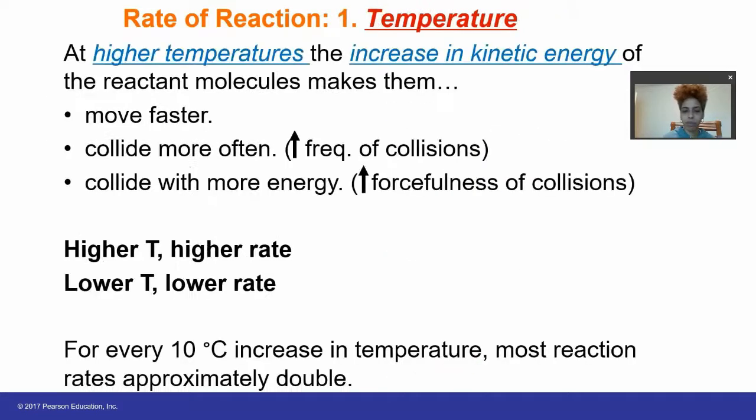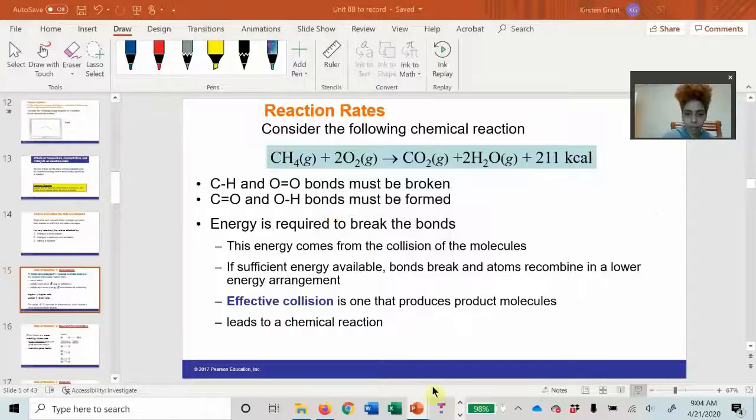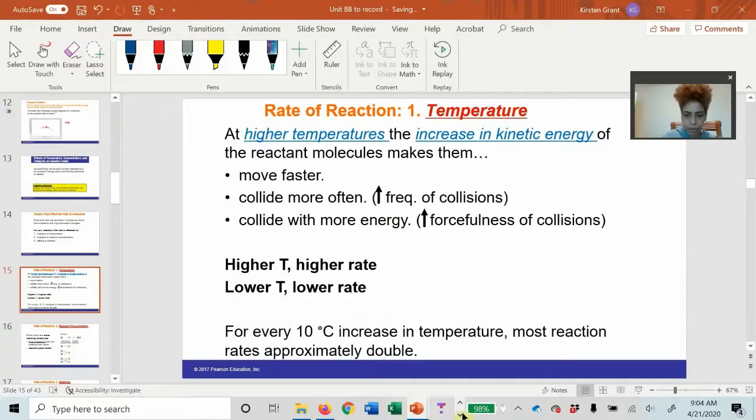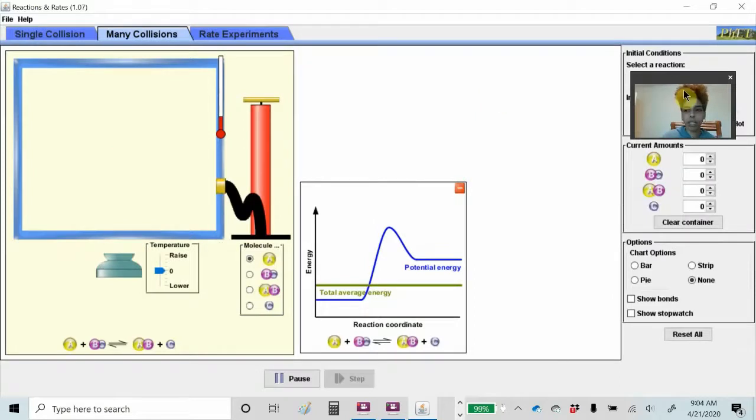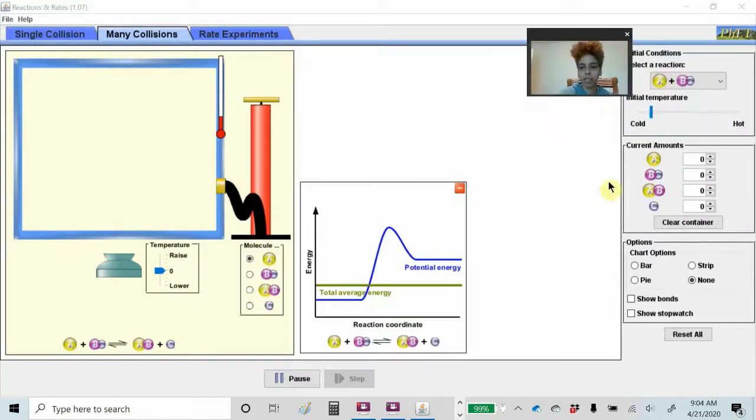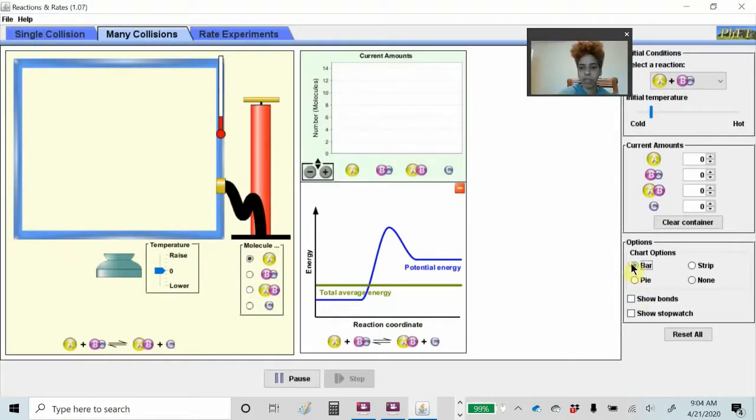So let's go back to our simulation right quick. And let's reset our, let's go into a many collisions. And let's put in, we're going to start off with one of each molecule.